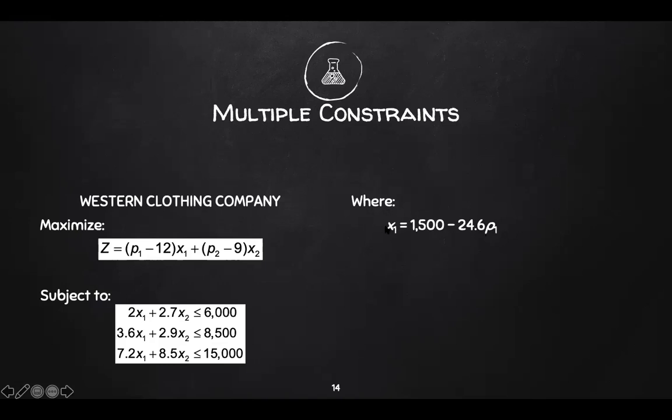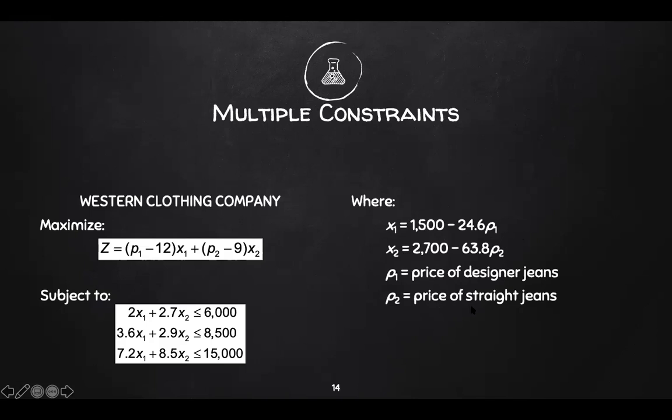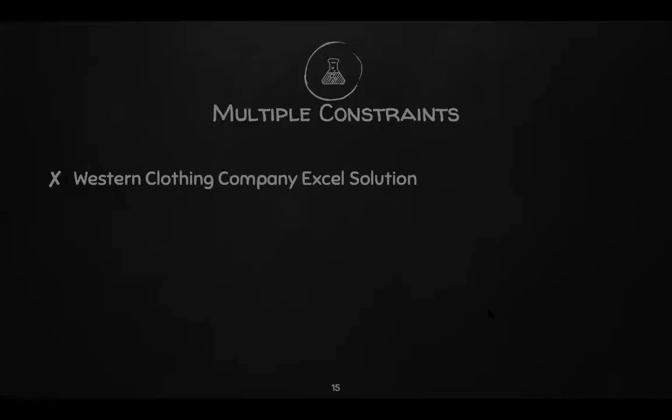Kasi yung volume, dependent lang sa kanya. X2 or the demand for the second type of product, which is straight leg jeans, yung first product, X1, designer jeans. X2 is equals to 2,700 minus 63.8 P2. P1 is the price of the designer jeans and P2 is the price of straight jeans.